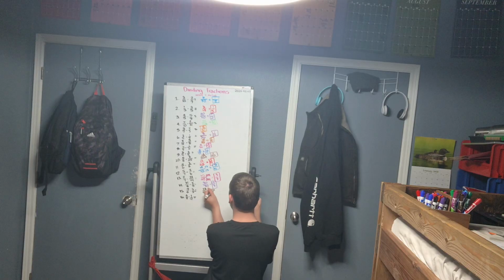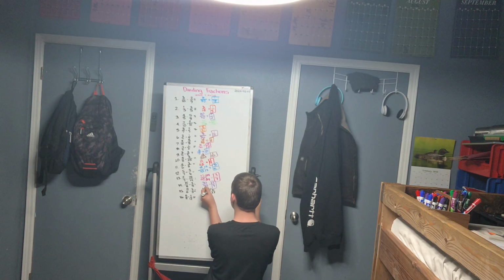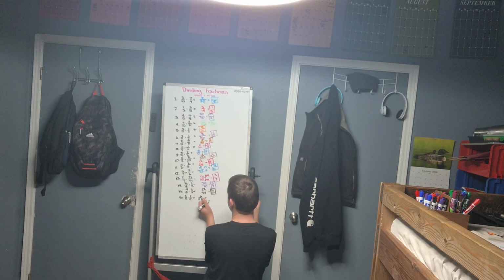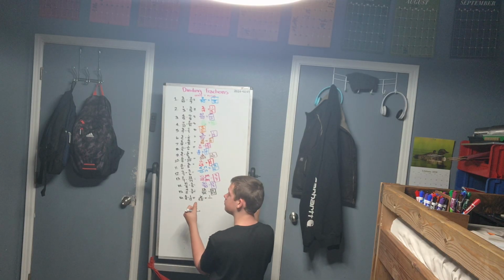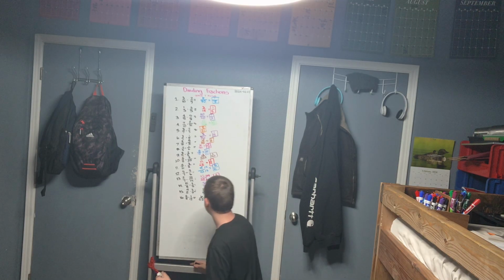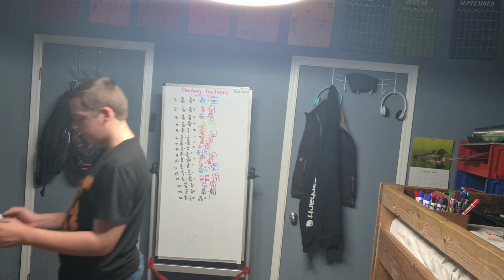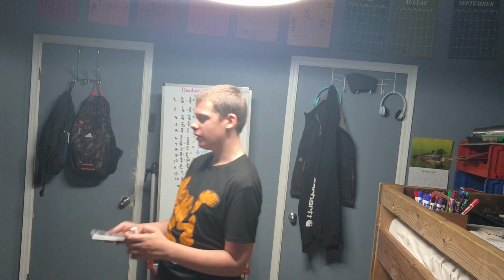Looks like we can simplify that to 6 over 27. Now 6 times 1 is 6. 8 times 12 is 96. That would be 6 over 96. So 96 divided by 6 is 16.